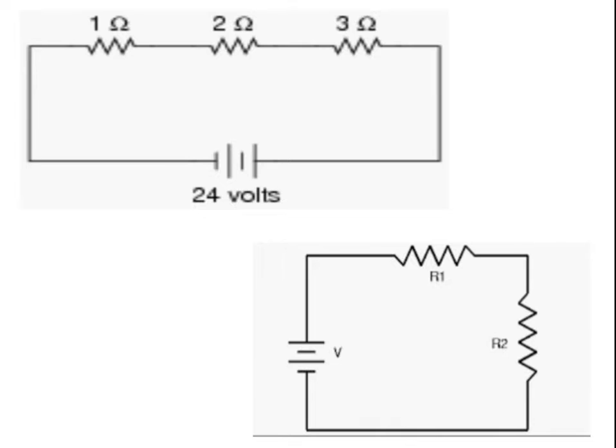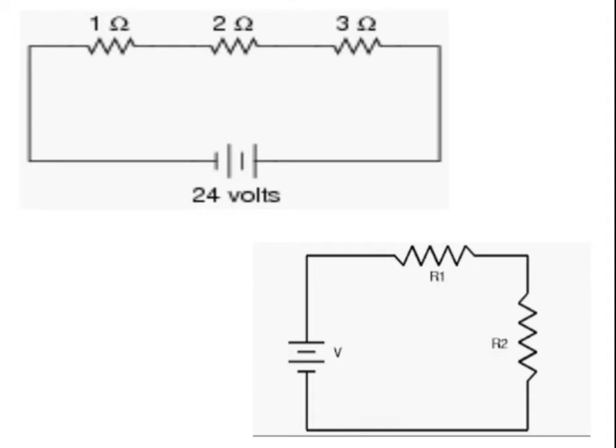So first of all, look at the first image, which has a battery having 24 volts of potential difference, then three resistors of 1 ohm, 2 ohm and 3 ohm. As we all know, a wire has two endpoints.